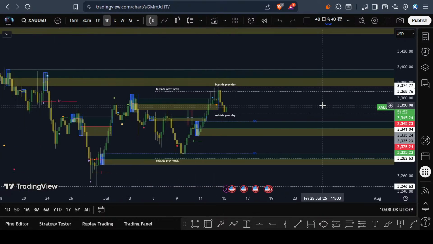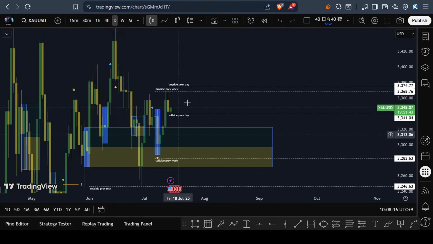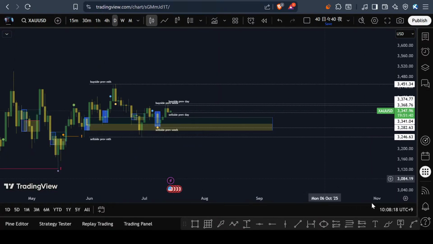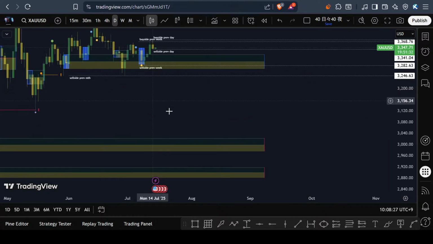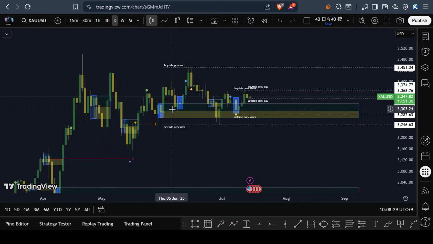Yeah, but currently we are trading at this particular level here, and price is bullish in the daily. We are quite bullish. You can see this demand here is doing all the heavy lifting.